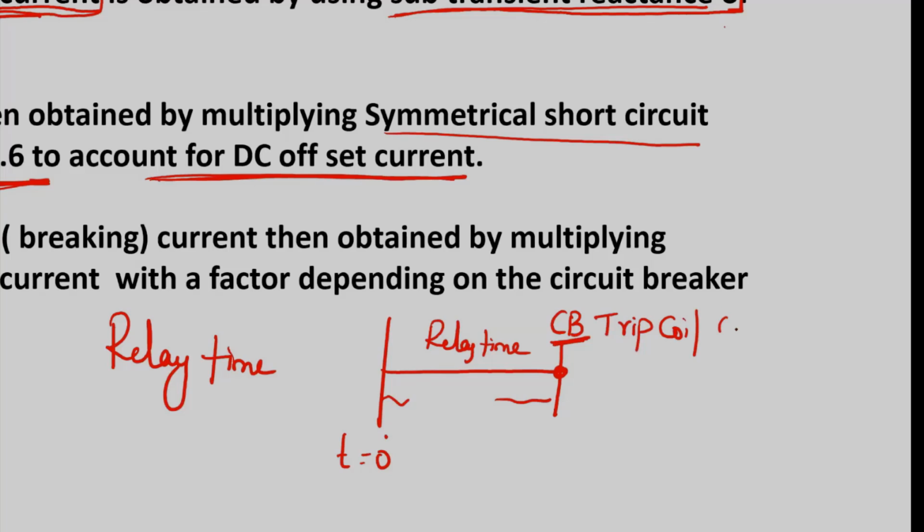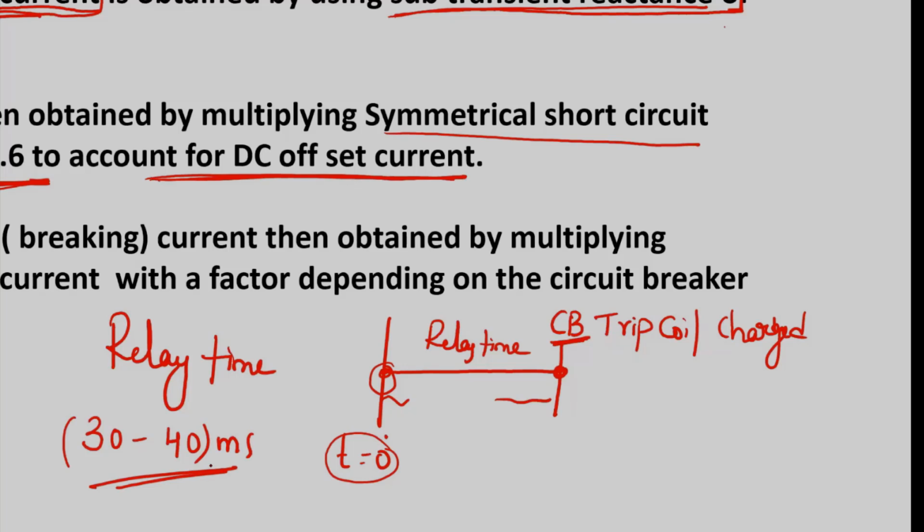When the trip coil is charged, the circuit breaker starts separating. So the time interval between the instant of occurrence of the fault, t equal to 0, and the instant the trip coil of the circuit breaker is charged is called relay time. It usually takes 30 to 40 milliseconds for the relay to sense the fault.